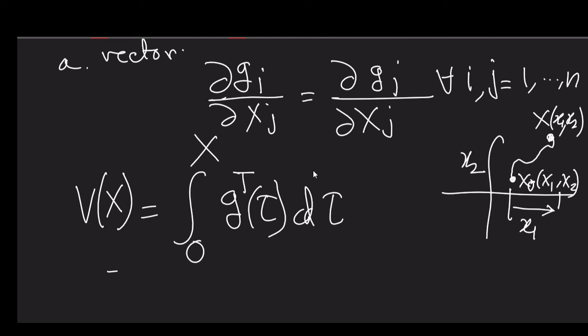Instead of calculating the integral simultaneously for n coordinate variations, we calculate the integration for one coordinate variation at a time, and that we can write here.